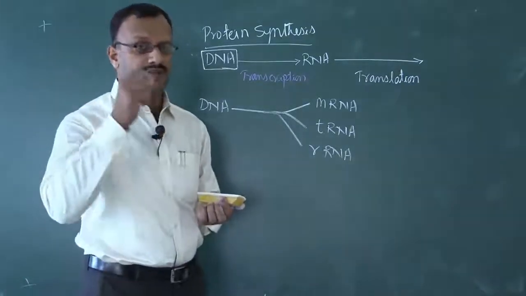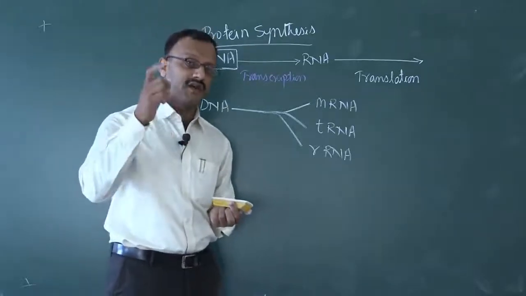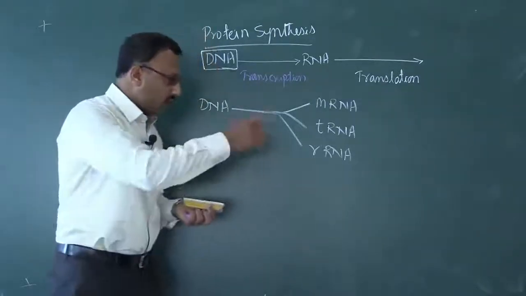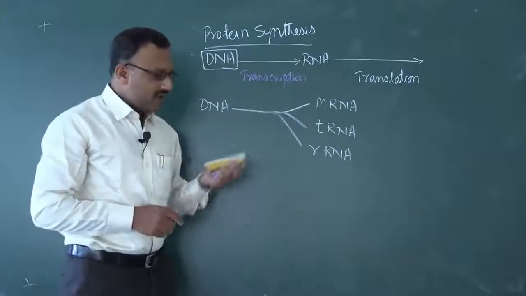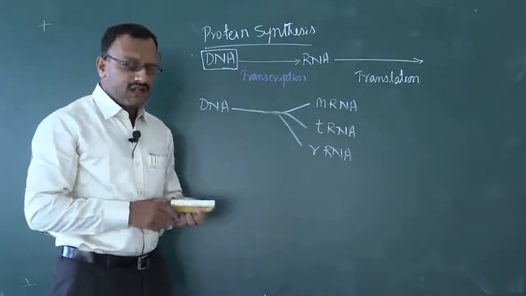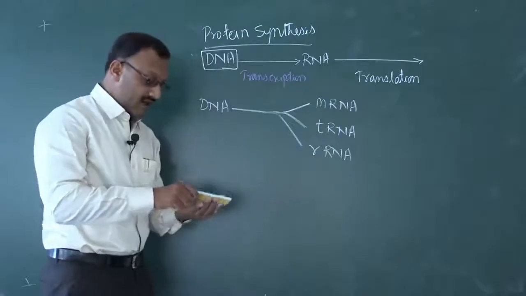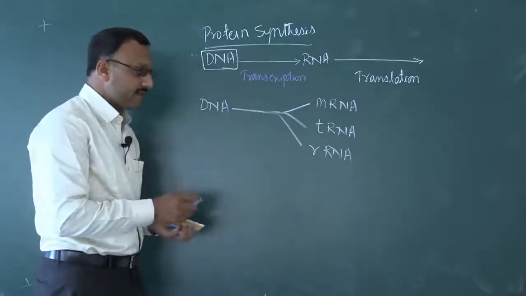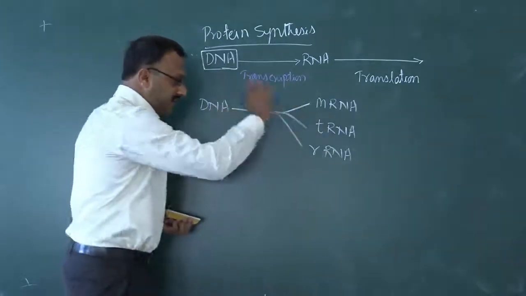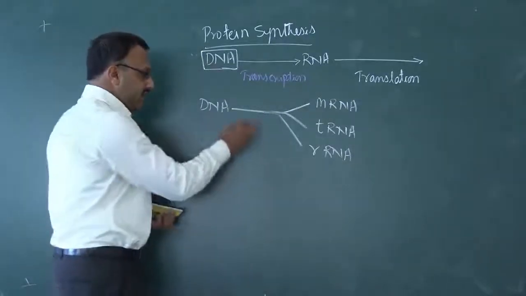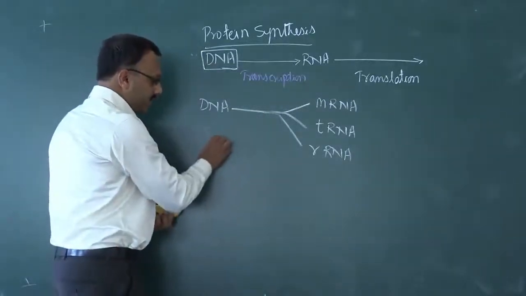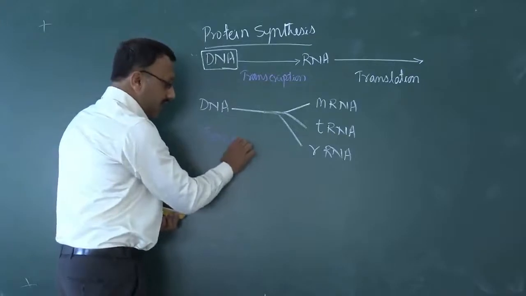Remember, DNA polymerase 1, polymerase 2, polymerase 3, which show the division of labor in all the eukaryotes, will form three different forms of RNA, and this whole event of synthesis of RNA from DNA is called transcription.